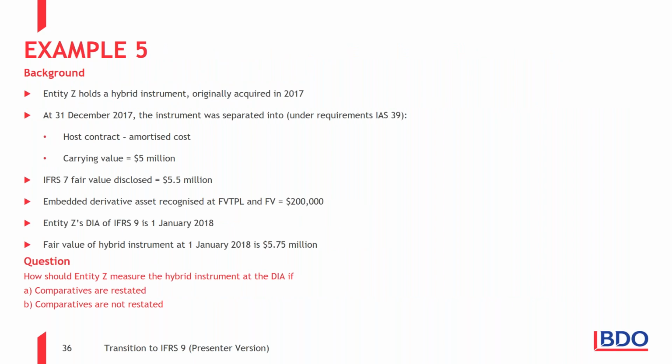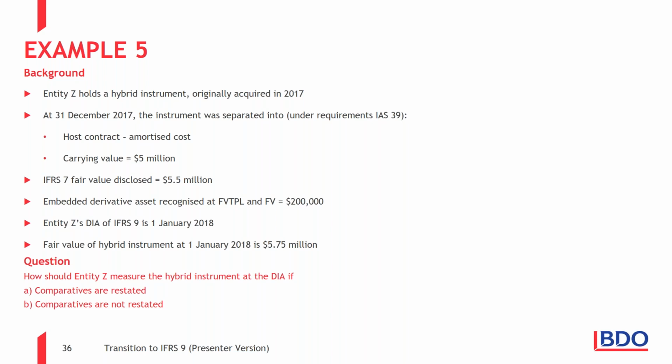So in example 5, which is our final example for today, we've said Entity Z holds a hybrid instrument. It's originally been acquired in 2017. Now, at 31 December, the instrument was separated into the host contract and the embedded derivative.